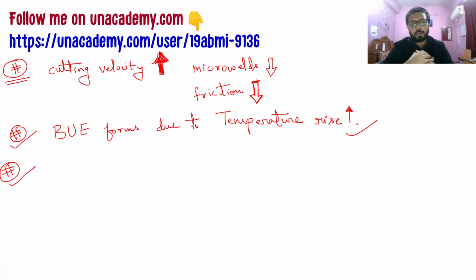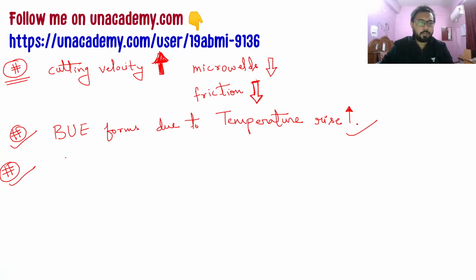So you have to be very careful about what you answer, because built up edge formation is due to temperature rise, and the temperature is rising with cutting velocity, so in one way it is making the built up edge occur. But at the same time micro welds are decreasing, friction is decreasing, and then you can say the built up edge also has some reduction due to the cutting velocity. So these two effects are there that you have to consider due to the cutting velocity change.